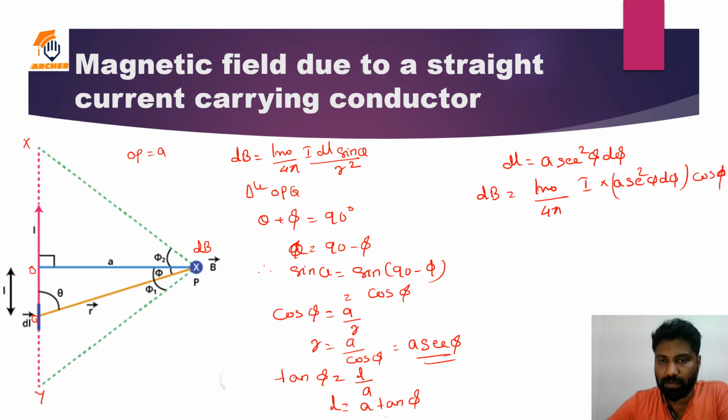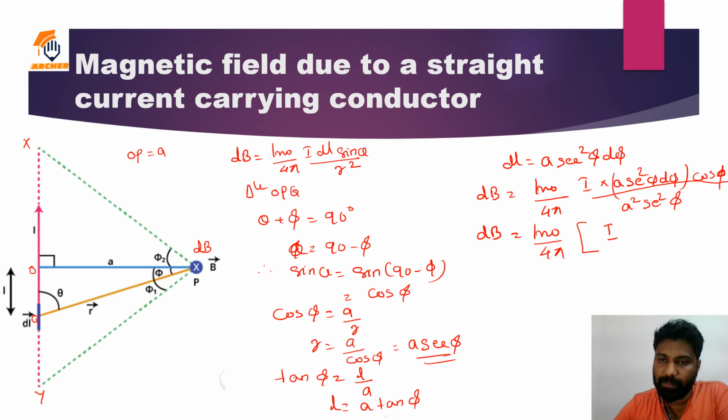Here we have r square also. What is r there? A square sec square phi.